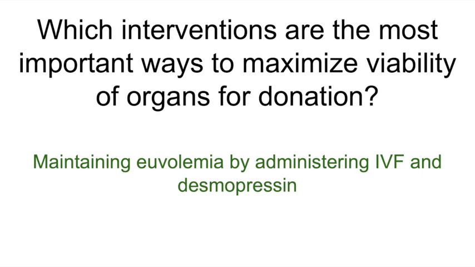Maintaining euvolemia by administering IV fluids and desmopressin. Desmopressin reduces the diuretic impact of central diabetes insipidus. It also provides inotropic or pressor support to maintain the blood pressure. And you can also use warm air blankets to help maintain the temperature as well.